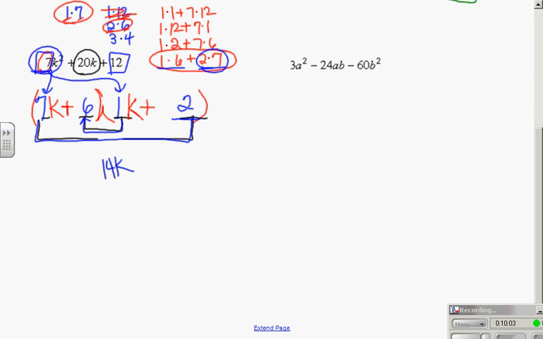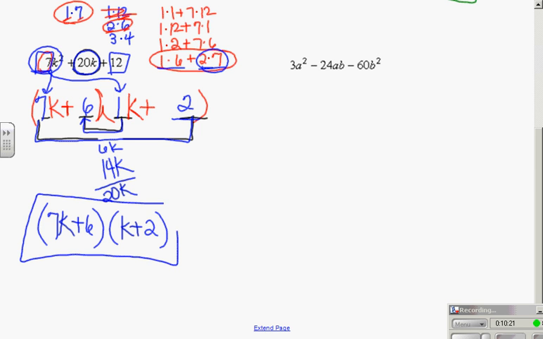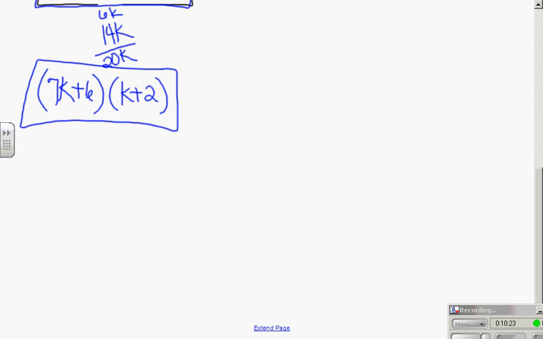Then my factor of k is 1. It has to get multiplied to 6 so that my inside terms are 6k, and together I make 20k like I want. So my factored version is 7k plus 6 times k plus 2.